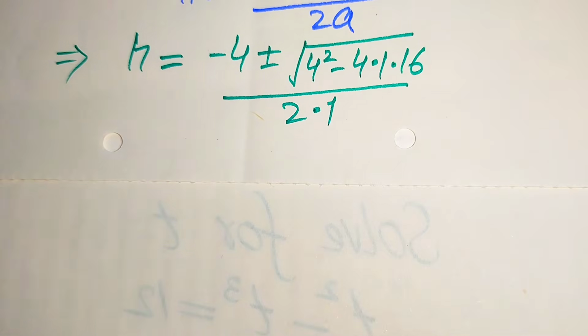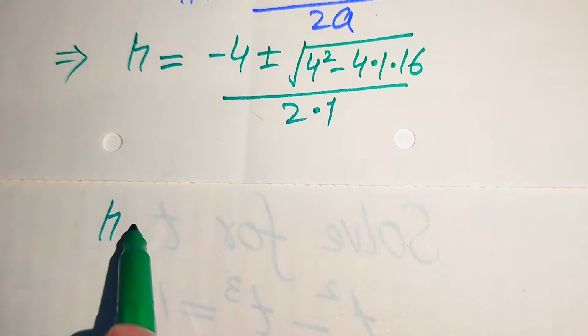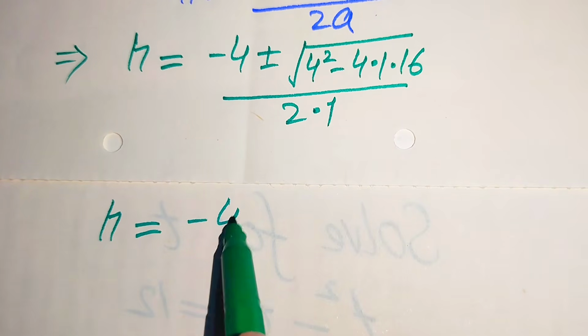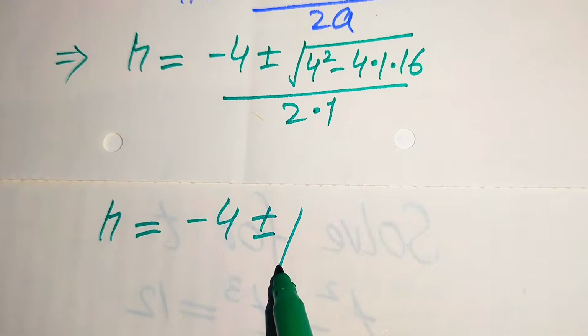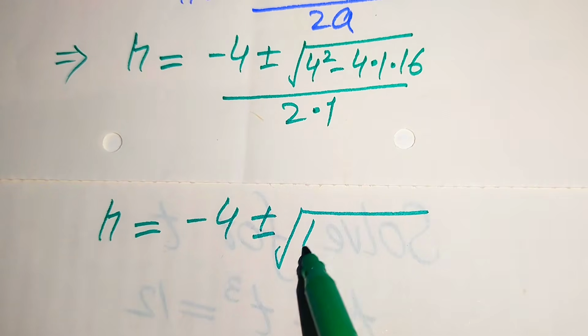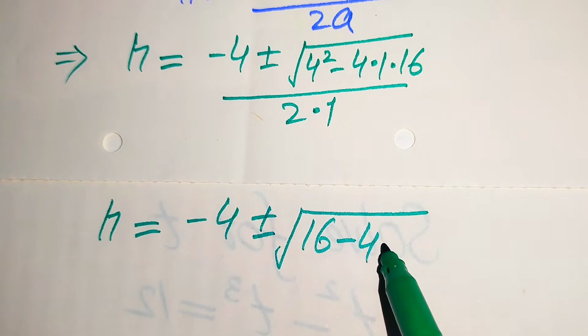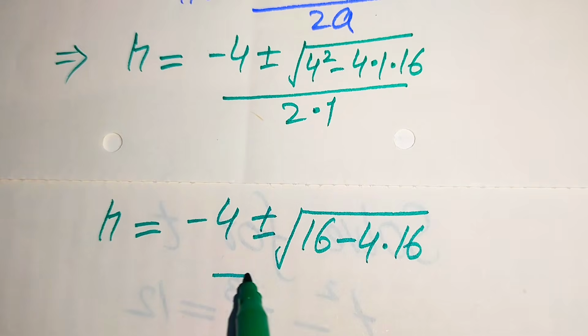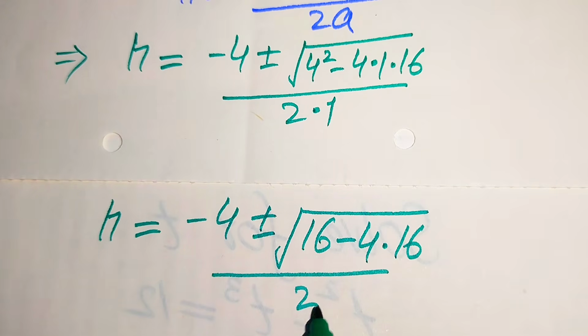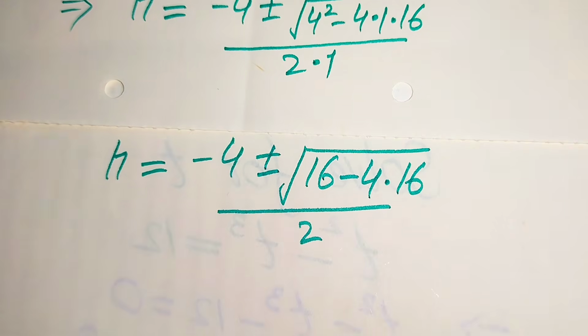In the next step we need more simplification, and it will be written as h is equal to minus 4 plus or minus the square root of 4 squared, which becomes 16, minus 4 times 16, divided by 2 times 1, which is 2.